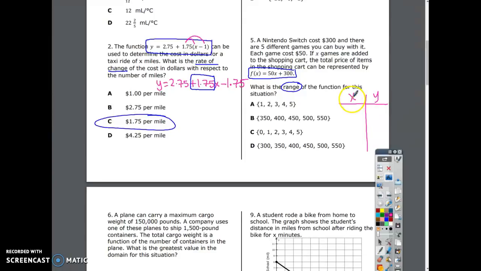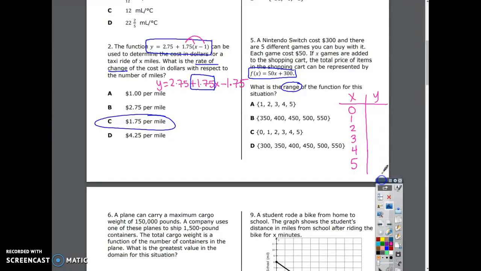How many games can I have? 5. What is the least amount of games that I can have? Do I have to buy a game? No. So I can have 0 games. What else? I can have 1 game. I can have 2 games, 3, 4, and 5.